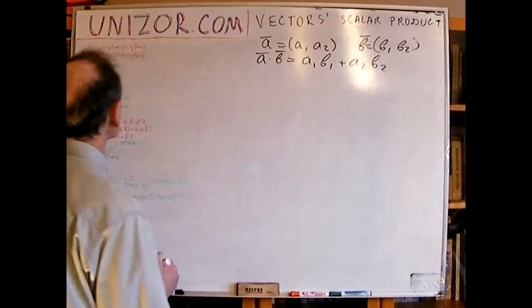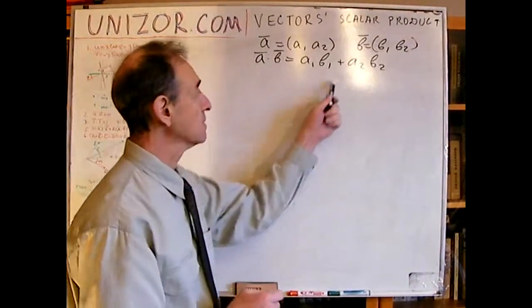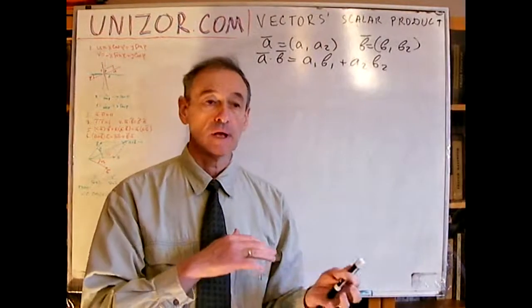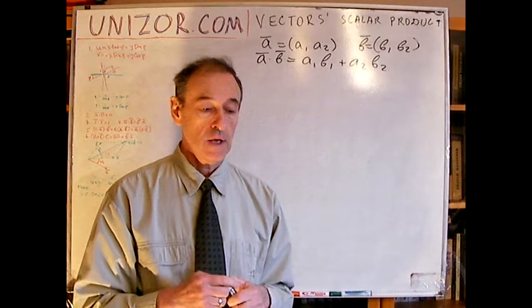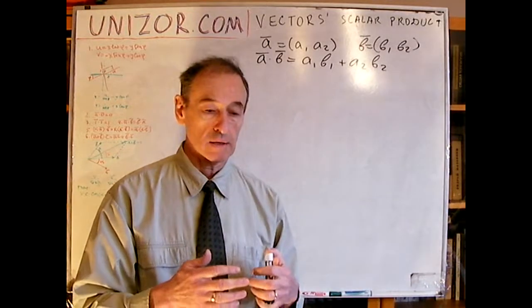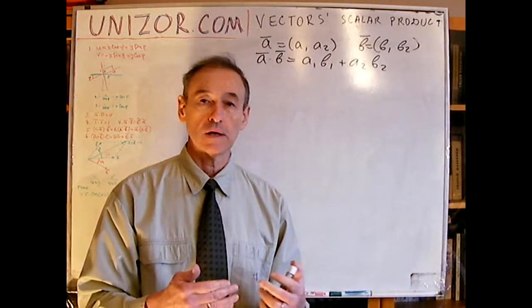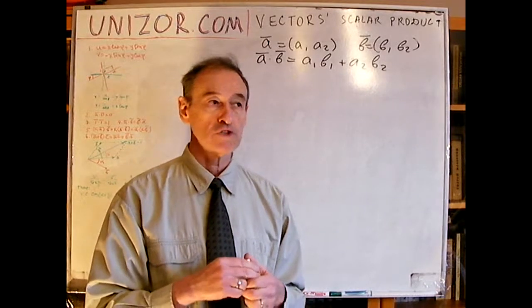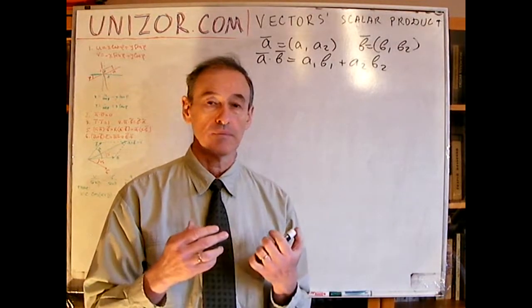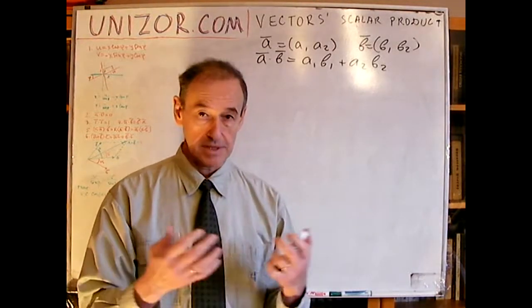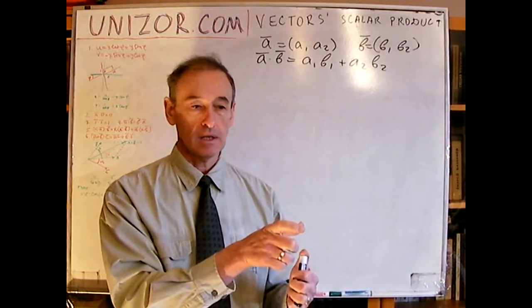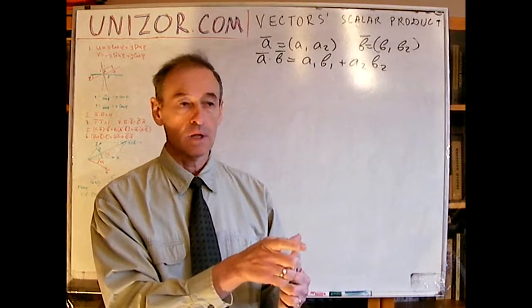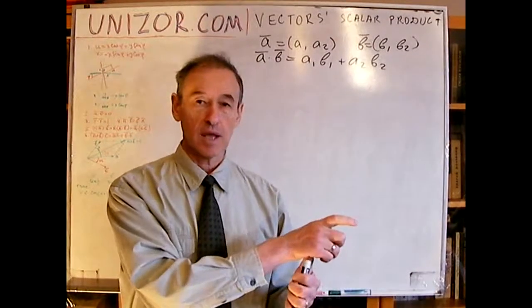Now, the first rule was independence on certain transformation of the coordinate space. The transformation which I was talking about was the one which did not change the metric of the space, which means if a segment had a certain length in the old coordinate system, then it would have exactly the same length in the new one.